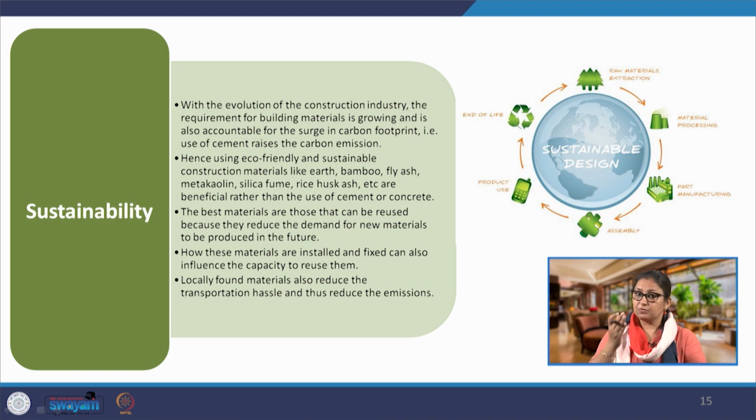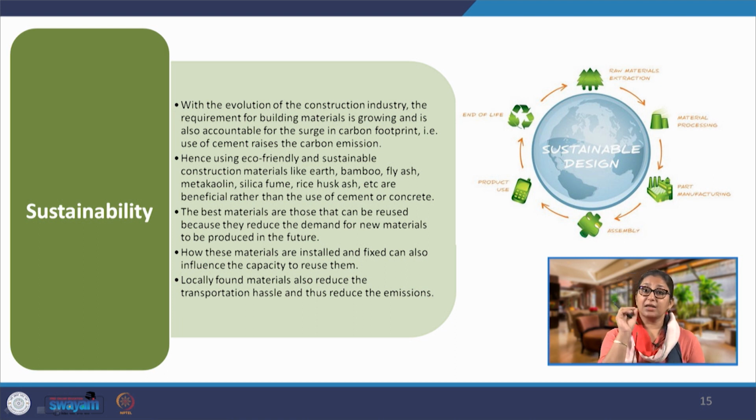In certain cases, for example stone, as we will see in the coming lectures, stone is associated with very low embodied energy compared to other materials. Compared to industrially produced manufactured materials, stone has a significantly lower embodied energy and carbon footprint. But if we look at the environmental impact today, the majority of countries are banning the use of stone, because it is causing habitat destruction and ecological imbalances.